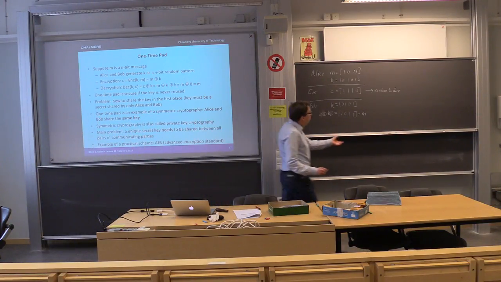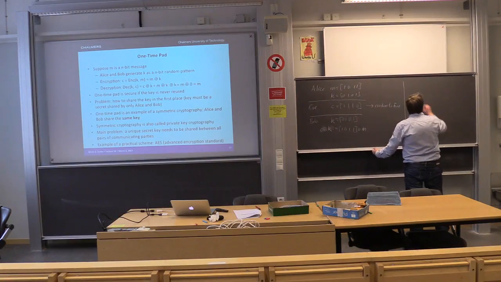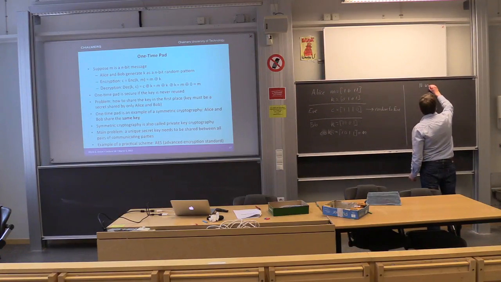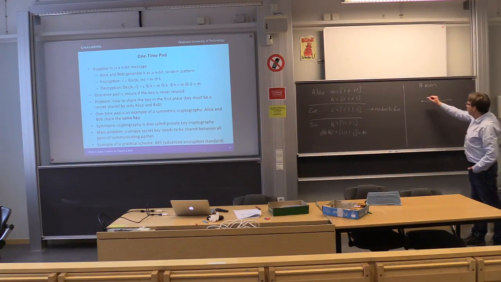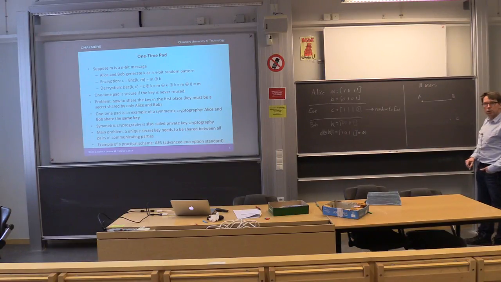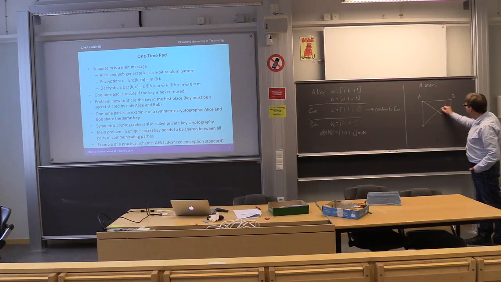Well, it means that if we have a network consisting of n users, then Alice and Bob need one key to communicate. So here we have Alice and here we have Bob. But if we also have Charlie here, then Bob and Charlie need a key, and Alice and Charlie need a key, right? If we keep on doing this, for each user that we add, we need a bunch of new keys.